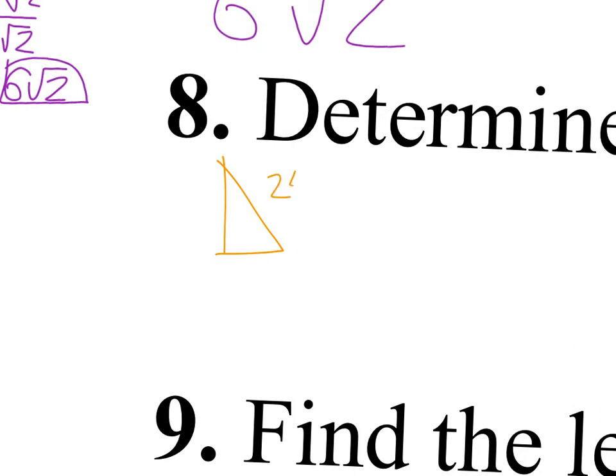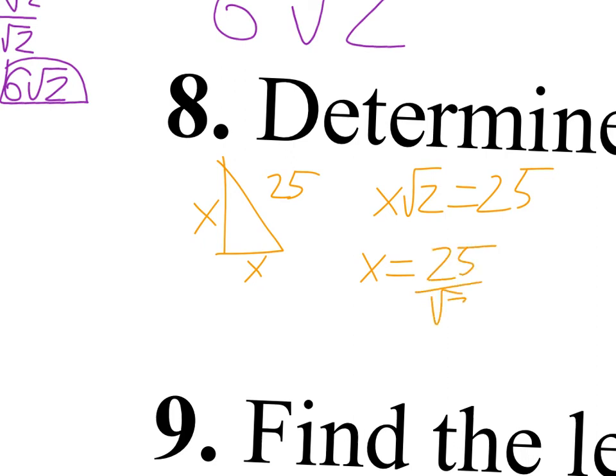Hypotenuse is 25, got our x. So x root 2 is equal to 25. x is equal to, getting ahead of myself, 25 over square root of 2, which we're going to rationalize. So x is equal to 25 times square root of 2 over 2.